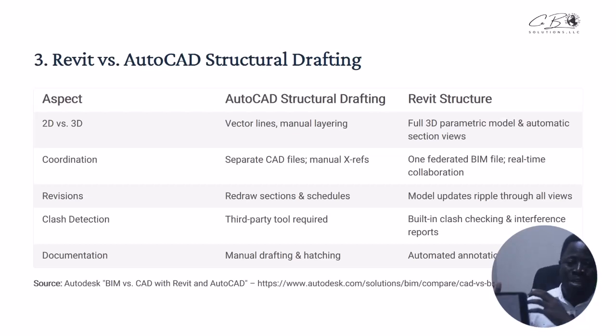When it comes to coordination, you have separate CAD files and you do what we call external reference, XREF, to check whether grid lines are in sync. You also have to use other manual means on separate CAD files, which is always very cumbersome. But when it comes to coordination in Revit Structure, you have one federated BIM file. You can do real-time collaboration. You can have one file and have multiple people working on the same file.